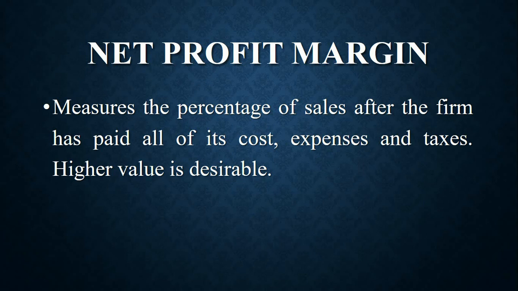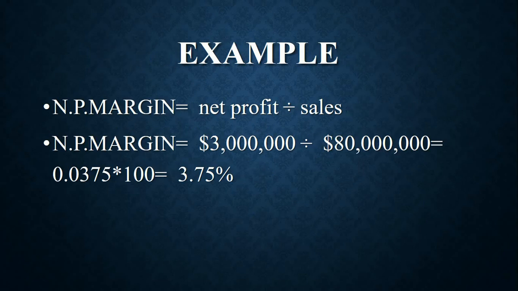Now from the operating profit, which is also called earnings before interest and taxes, we will deduct the financial expenses and the government taxes if the government has imposed them. So after this deduction, we will get the figure of the net profit or the net income, and we will divide it by the sales.